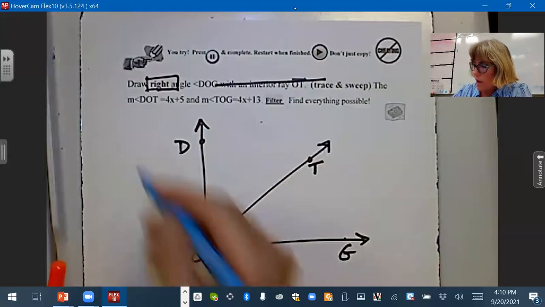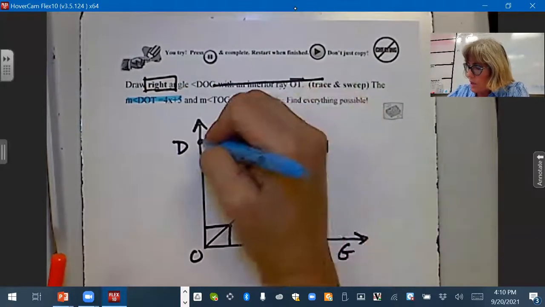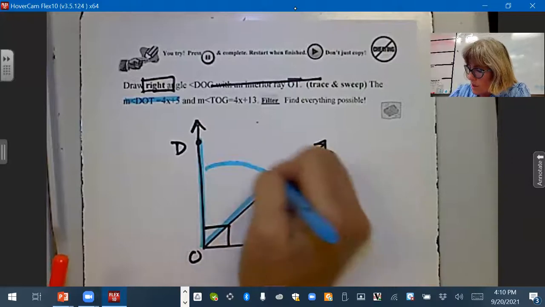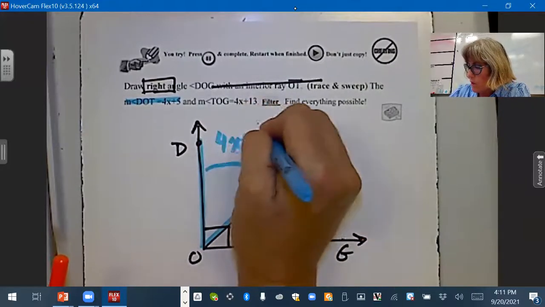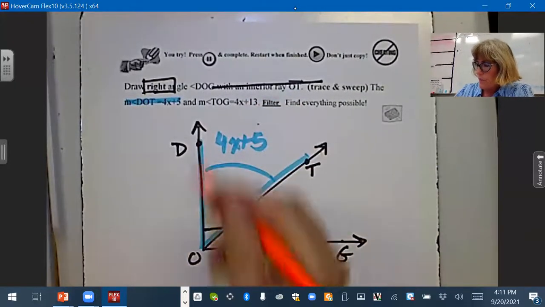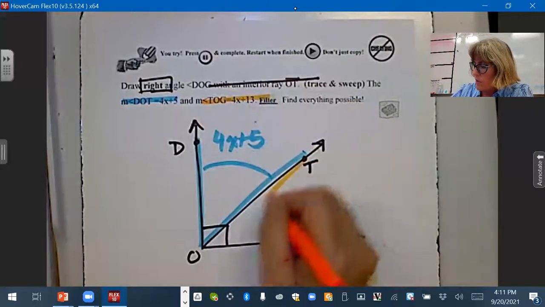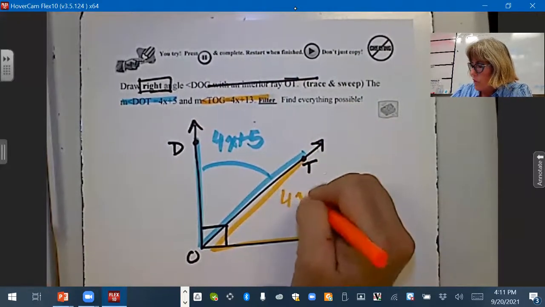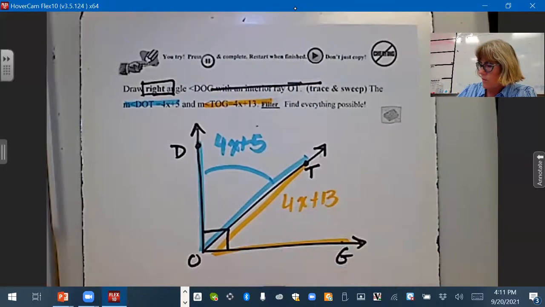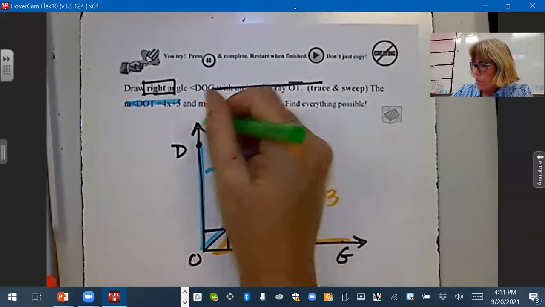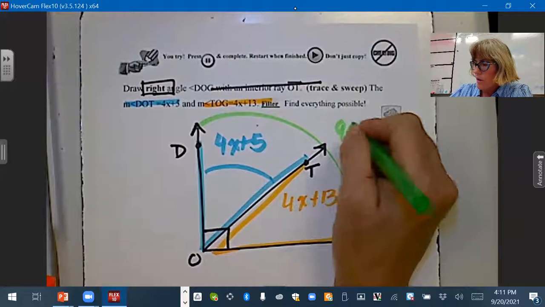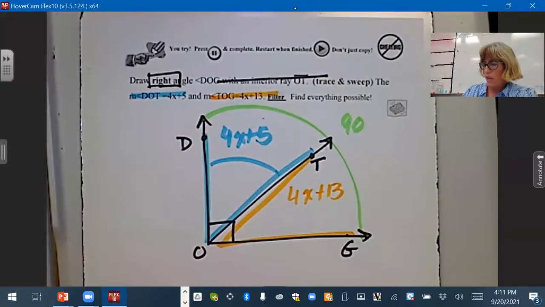And then here's our algebra. DOT is going to be 4x plus 5. TOG is 4x plus 13. And then this whole thing is 90. Find everything possible.